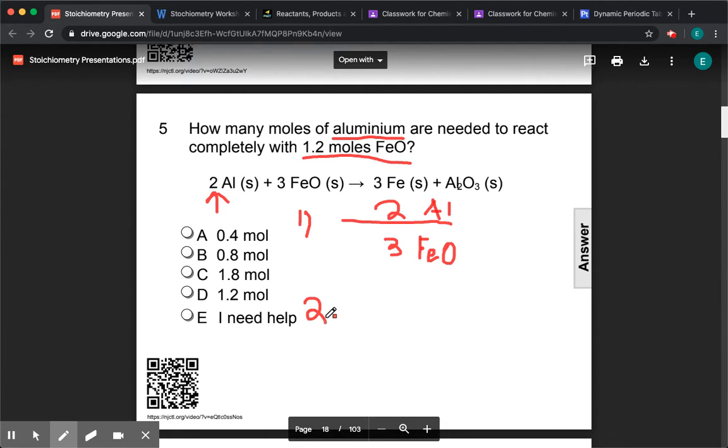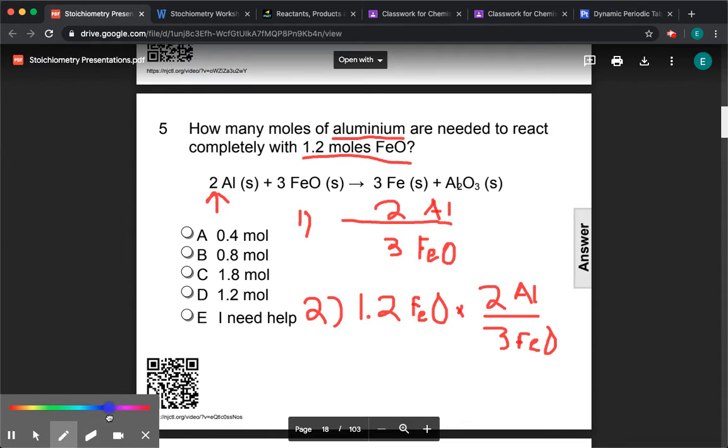And then step 2 is to just multiply it out. So we have 1.2 moles of iron oxide, and we multiply that by 2 aluminums per 3 FeOs. Your FeOs are going to cancel, and the rest you multiply straight out.